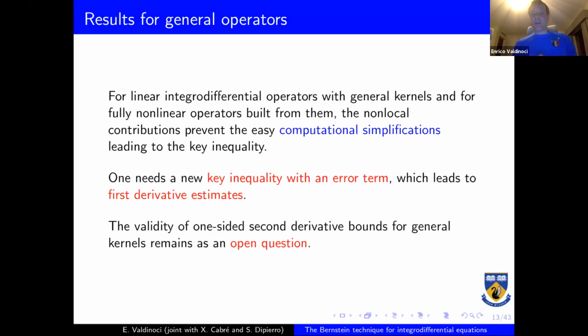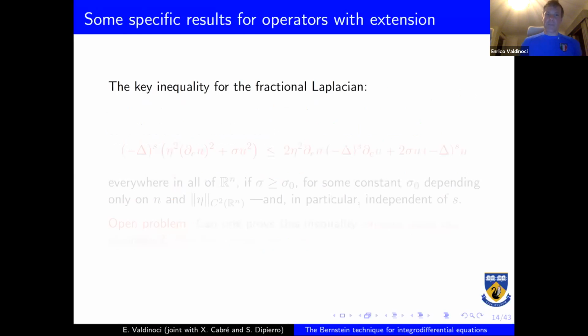The validity of second derivative bounds for the general case remains for us an open question, and we think it's actually very interesting to understand whether it's just a technical restriction that we are not good enough to obtain the semi-concavity estimate, or there is really a structural problem that prevents the validity of these estimates. In any case, we will see that the situation is kind of tricky.